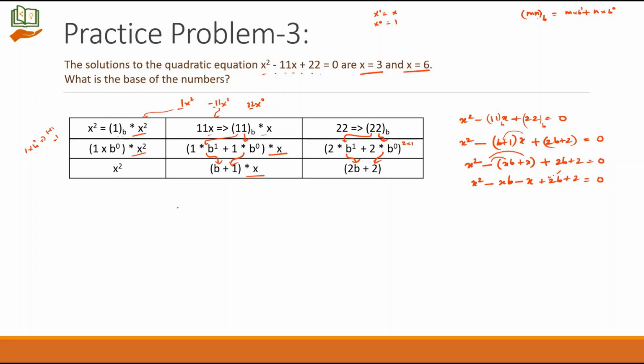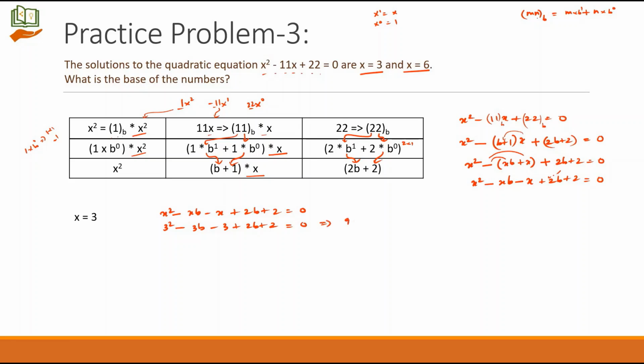We have to first apply x is equal to 3 in this equation. So the equation is x square minus xb minus x plus 2b plus 2 is equal to 0. This is 3 square minus 3 into b minus 3 plus 2b plus 2. This is equal to 0. What is 3 square?